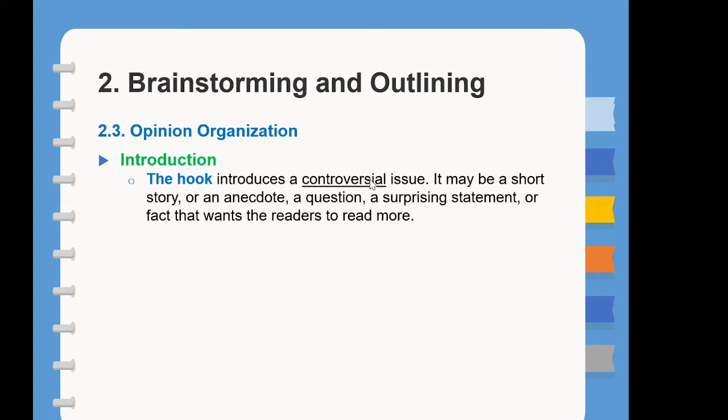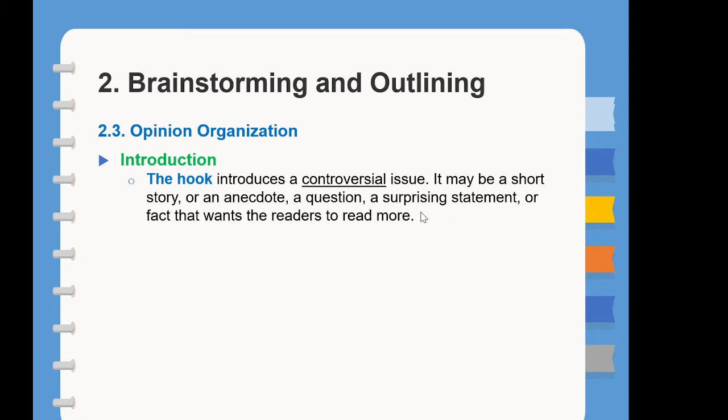The hook introduces a controversial issue. Let me explain to you what a controversial issue is. A controversial issue is the problem for debating or the problem for discussing. You see here, it may be a short story or an anecdote. It can also be a question, a surprising statement, or facts that want the readers to read more.